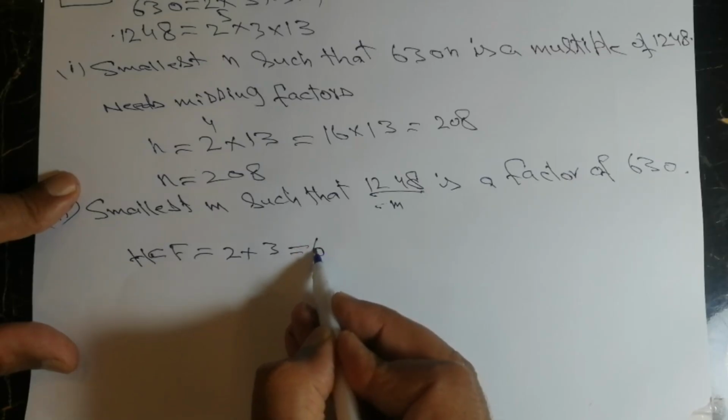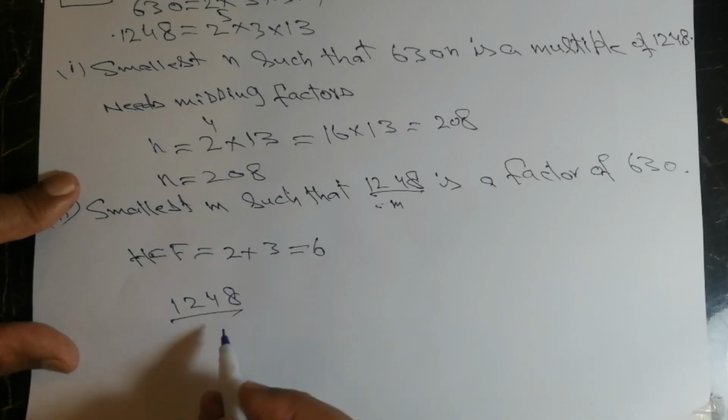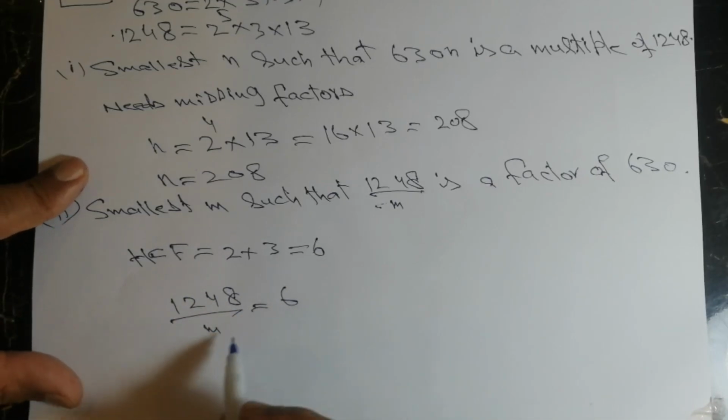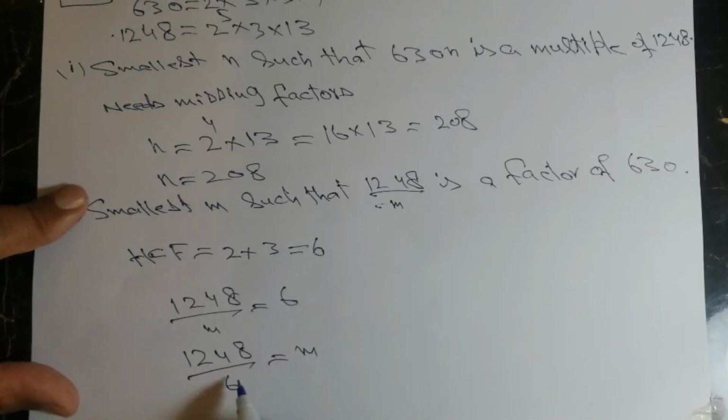HCF is 6, so it means that 1248 over m should be equal to 6. Now 1248 divided by 6 equals m, and now divide this one, m will be equal to 6 2s are 12, 0, 6 8s are 48, that is 208. This is the answer.